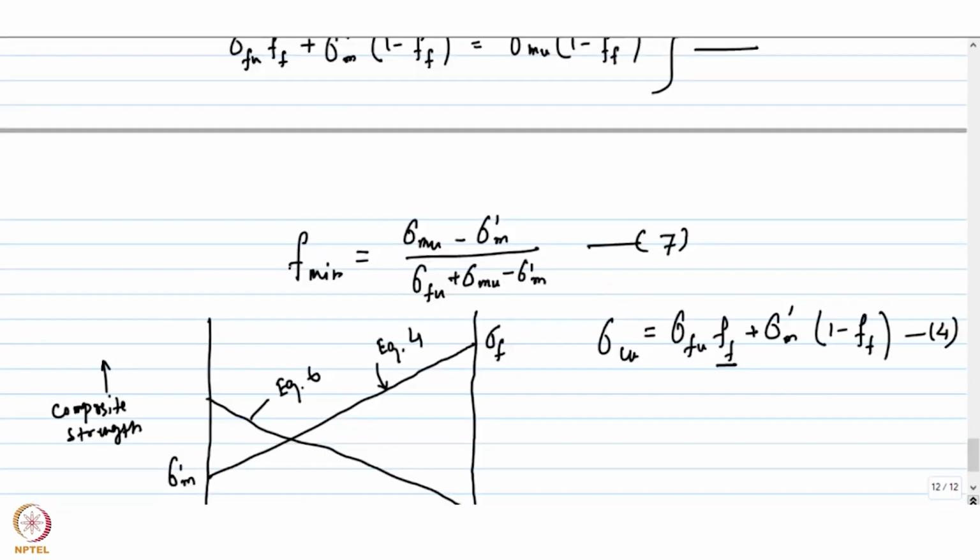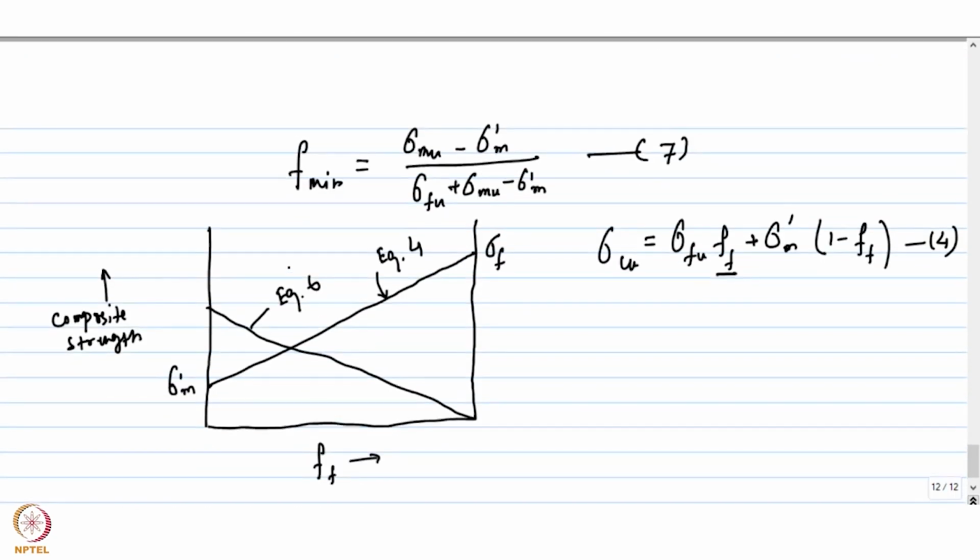So let me also rewrite equation 6 over here. So when Ff is equal to 0, it is simply the ultimate tensile strength of the matrix.